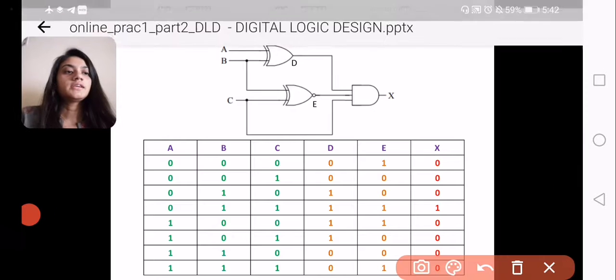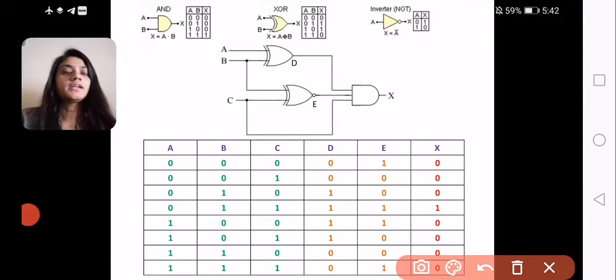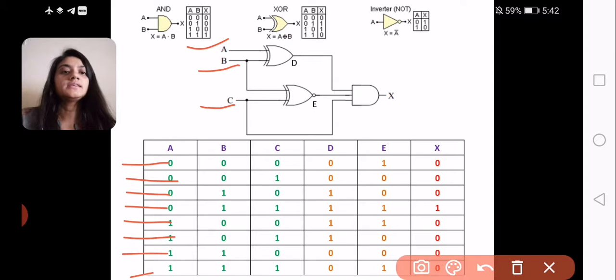First of all, see in the circuit how many inputs are there? 3: A, B and C. So total 2 raised to 3, 8 combinations will be there. A, B and C, these 3 are inputs.